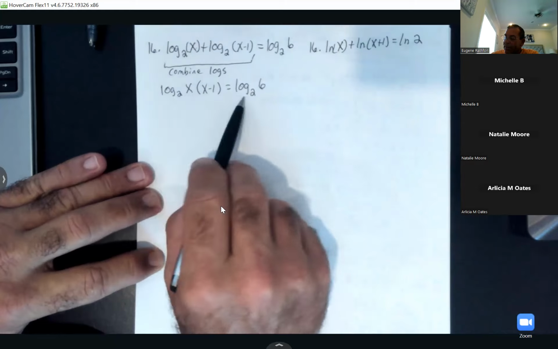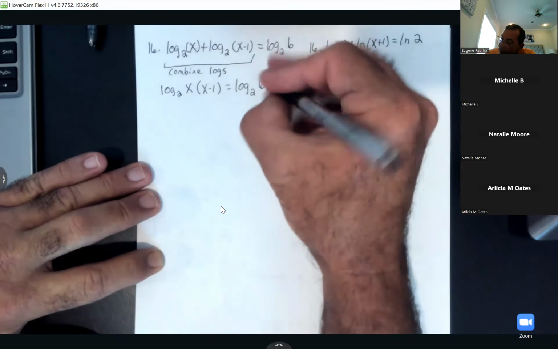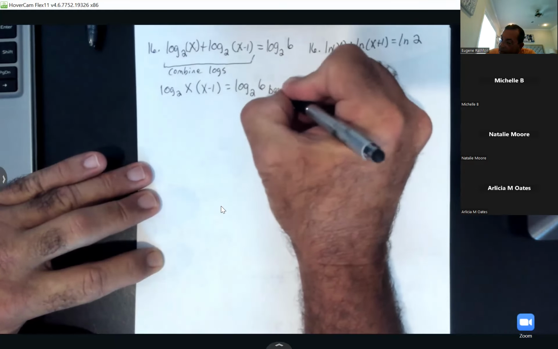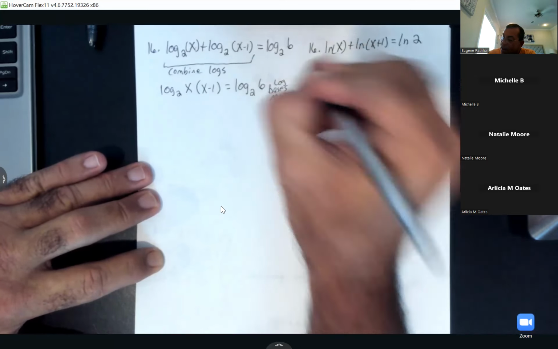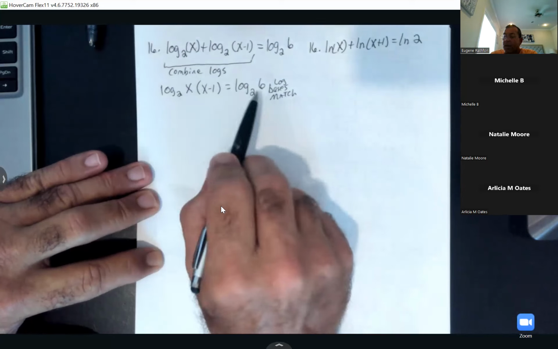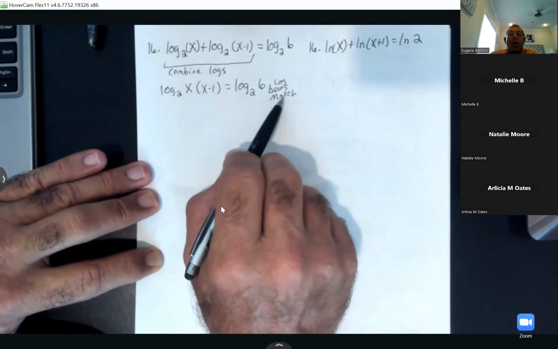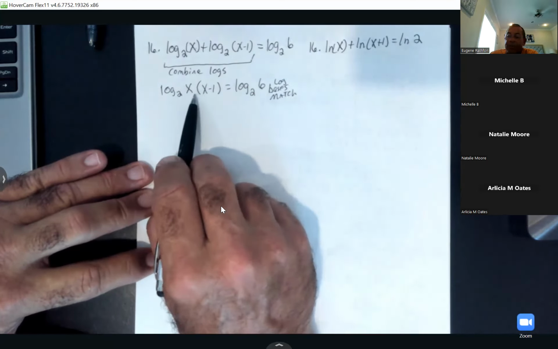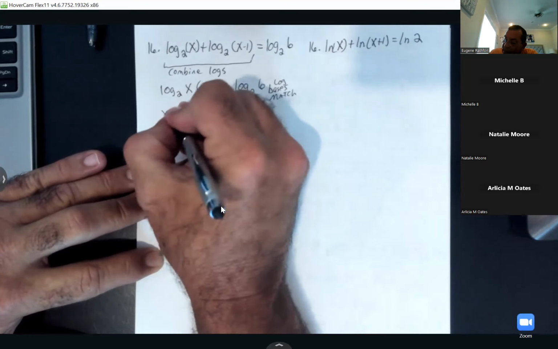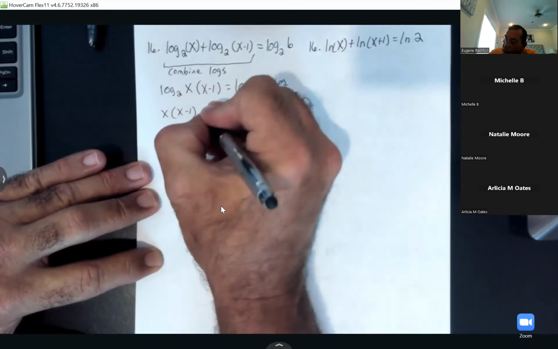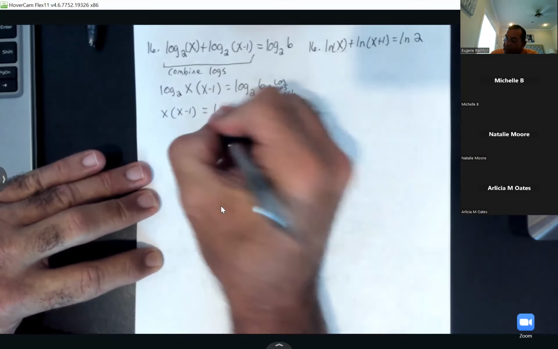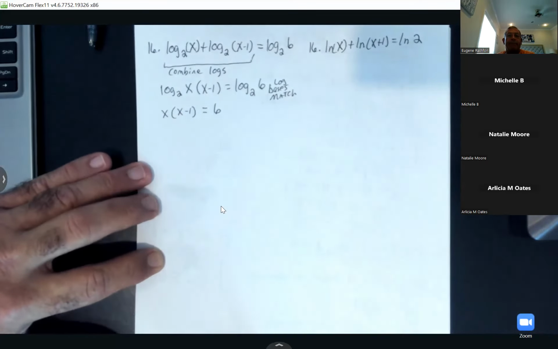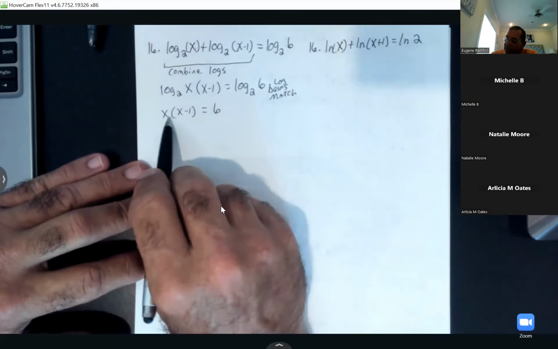But look at this, my log bases match. I got a log base 2 here, log base 2 here. If the log bases match, that means this result, x times x minus 1, is going to equal this result of 6.